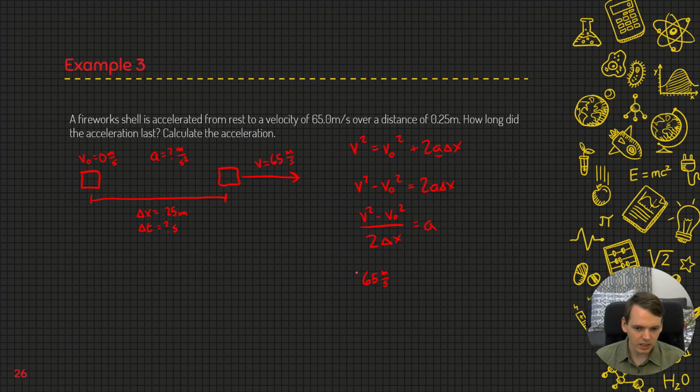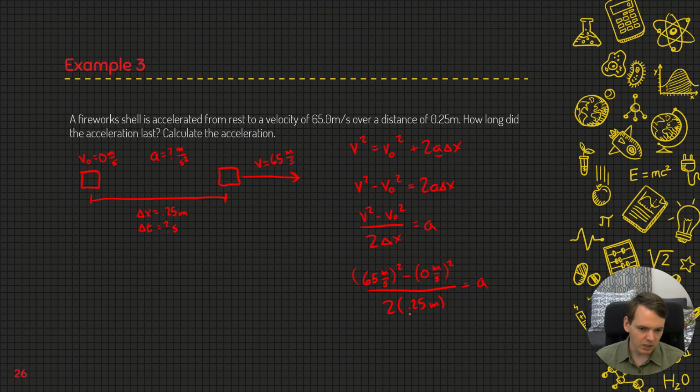65 meters per second squared minus 0 meters per second squared over 2 times 0.25 meters equals a. So 65 squared, I don't know what that is, and I don't have a calculator right near me, but it's going to be 3,600-ish.